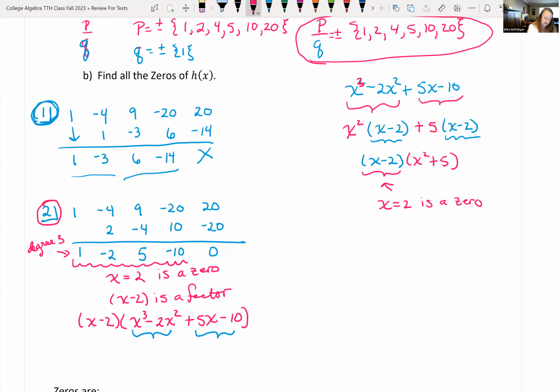Well, we had x equals 2 is also a 0 up here. So this is a 0 with multiplicity 2. I want to look also, though, at when is this x squared plus 5 equal to 0?